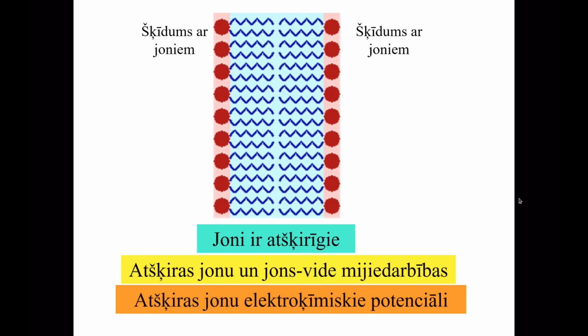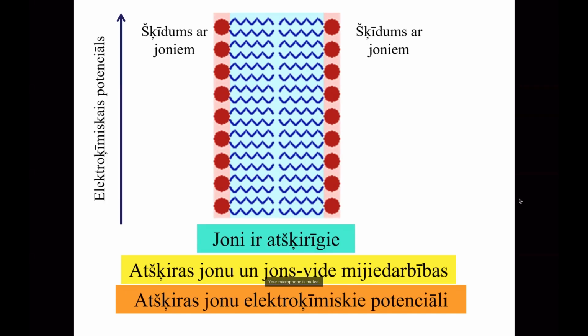So the electrochemical potentials of the ions from the left and from the right must be different. And this is the scale of the electrochemical potential. For instance, on the left side we have this potential, and on the right, this one. This is just an example that can happen. Definitely, these potentials might be equalized.